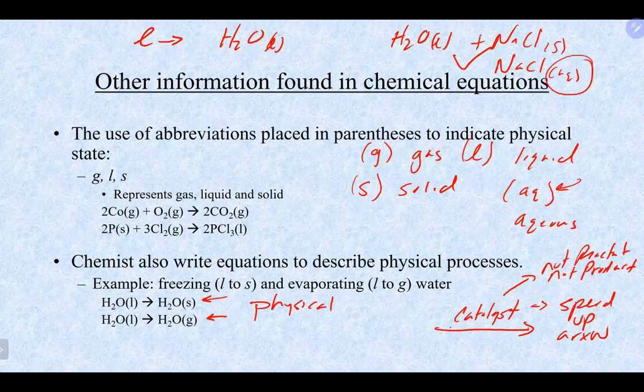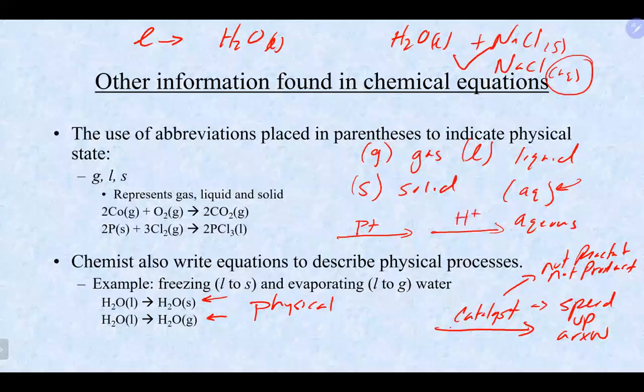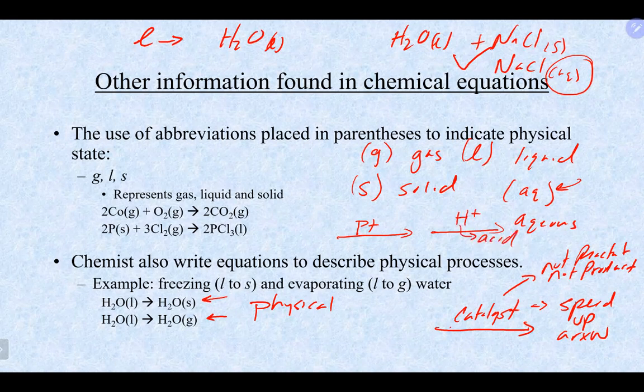So typically a catalyst is really just there to facilitate the reaction occurring a lot faster. Sometimes catalysts can just be metals, like platinum or something like that. Catalysts could also be acids, so sometimes H+ is written up there to represent an acid being used as a catalyst.